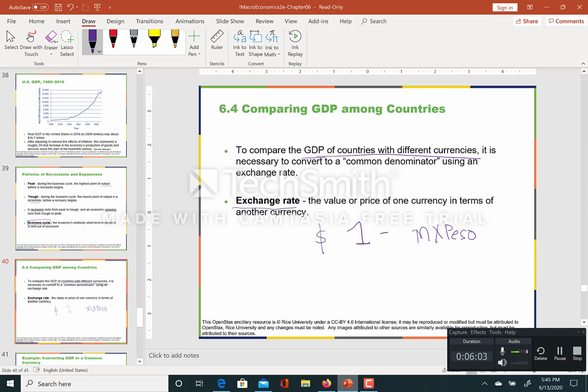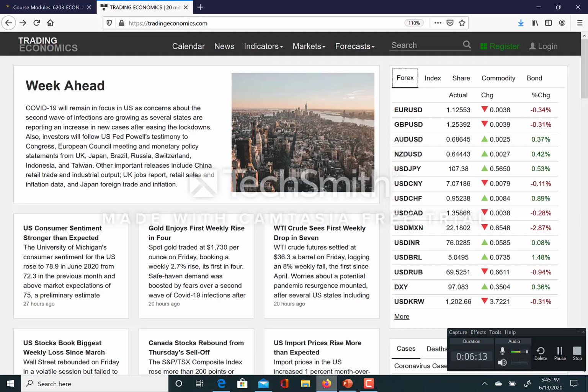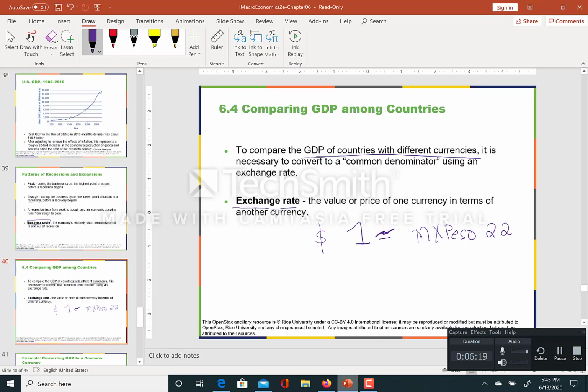Today is a Saturday, so all the markets are closed, so we do not see the pop-ups that we usually see in exchange rate markets. So it's 22.1802. I'm going to change this approximate sign to an equal sign.